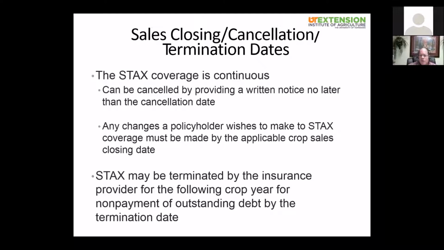It can be canceled by providing written notice no later than the cancellation date. And if you wish to make STAX coverage, it must be made by the applicable crop sale closing date, which in our state is March 15th. And it can be terminated by the insurance provider with the following crop year for non-payment of any outstanding debt by the termination date.